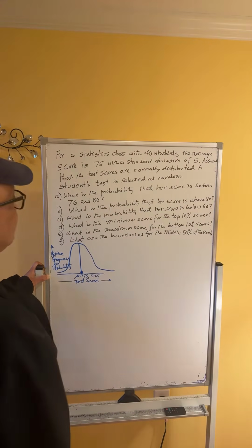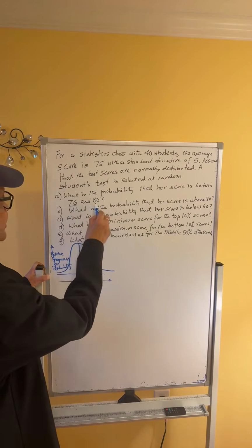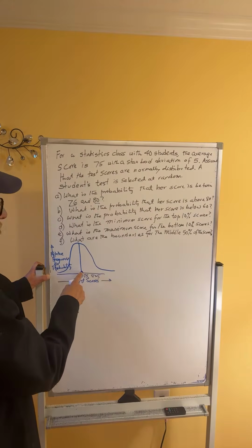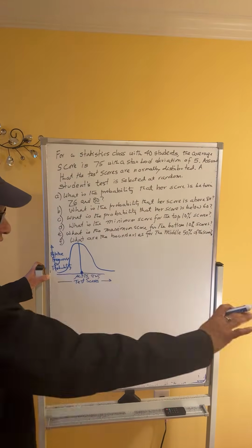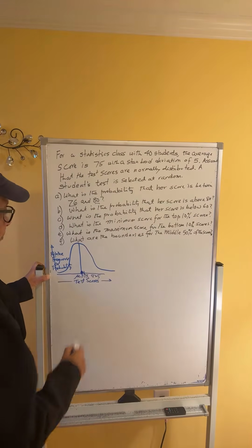We have been asked to find the probability that a score is between 76 and 80. Look at the number 76, that is greater than 75. Since it is greater on the number line, it will be slightly to the right of 75.